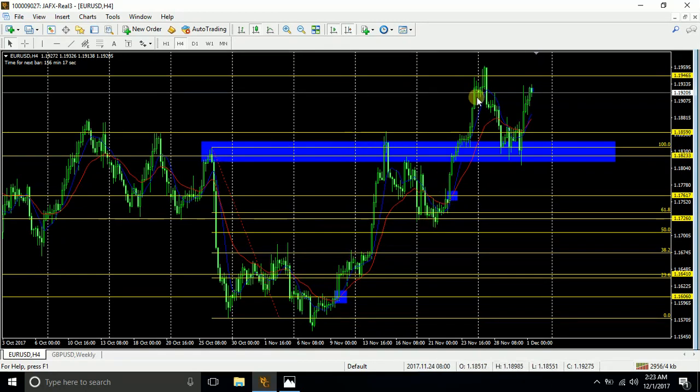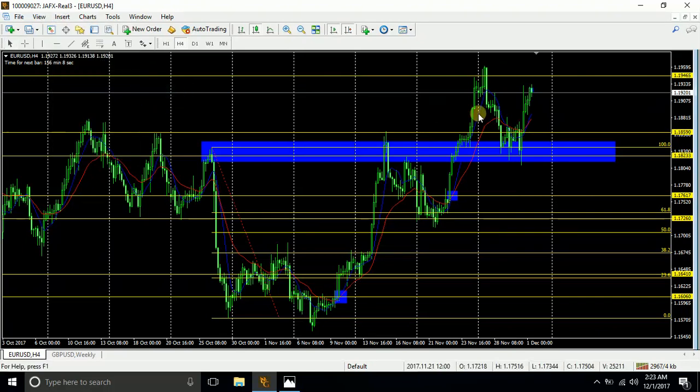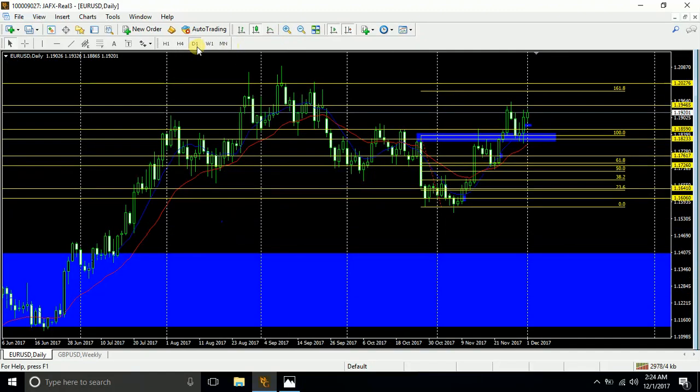Resistance, resistance, broke through, now support with a cross. What does that tell me? We are going up further. Okay? Now, let's go to the daily.